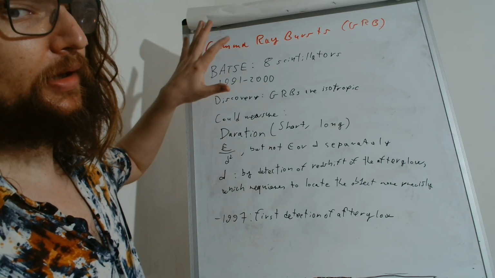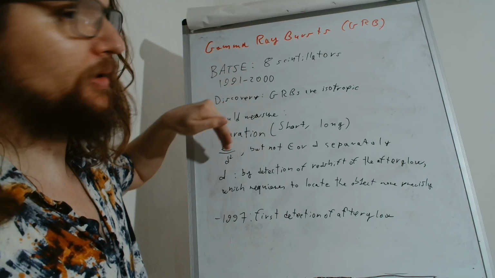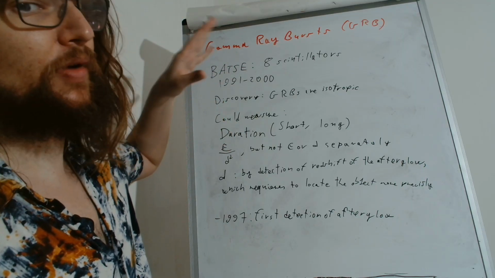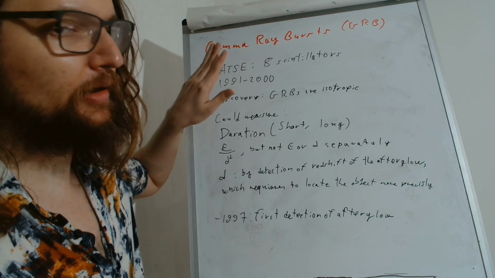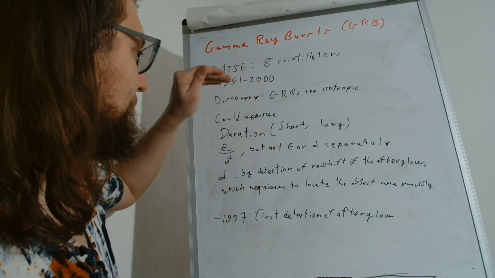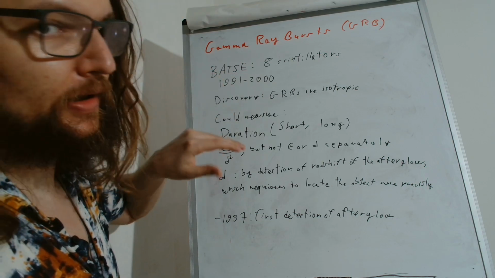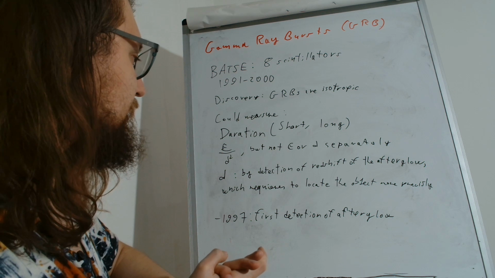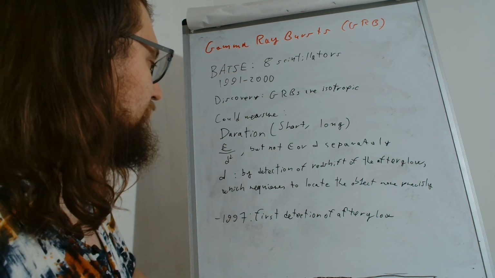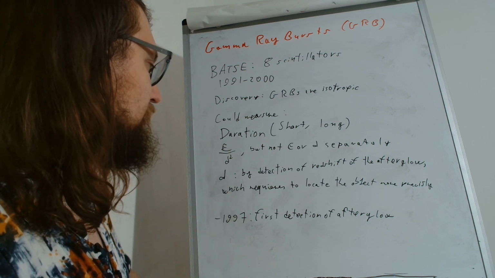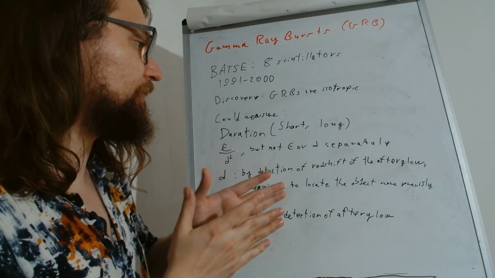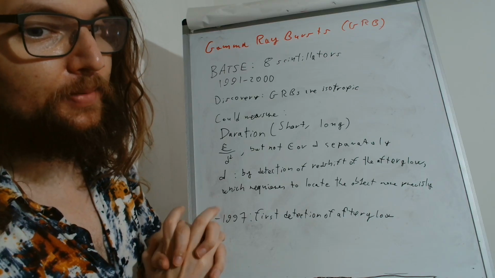It could measure the energy per square distance, not the overall energy because you would need to know the distance for that. But in fact, you could not measure either the distance or the energy separately. To measure the distance, you could detect the redshift in the afterglow of the gamma ray burst.